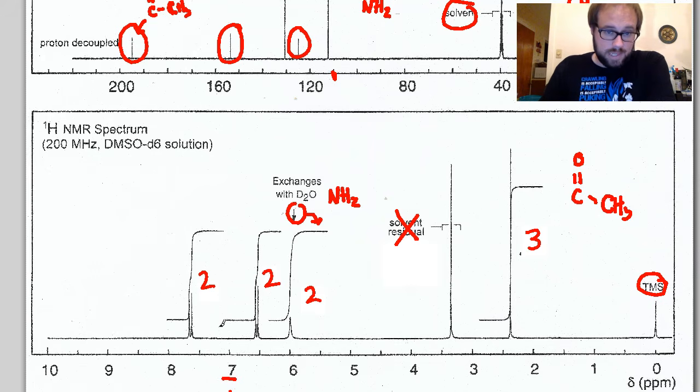So because this right here is around 6.5, we would expect that these are the protons that are ortho, or in close proximity right next to the electron donating group, which would be the amine, the NH2. And then you see this right here, this would be in close proximity to an electron withdrawing group.